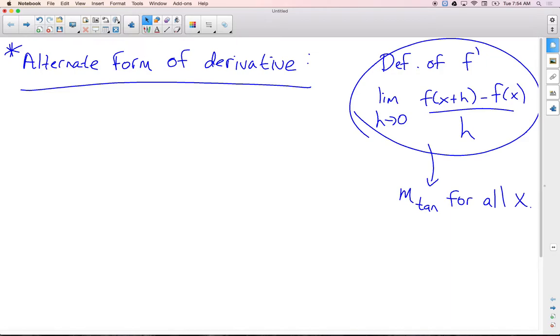The alternate form of the derivative gives you the derivative at a point. It only gives you the derivative at one point, which is how you're going to prove differentiability for points, which we'll get into today. And differentiability will make sense after you watch the video.